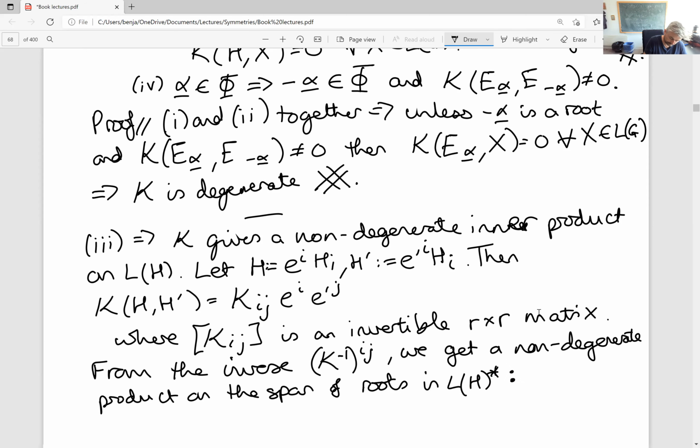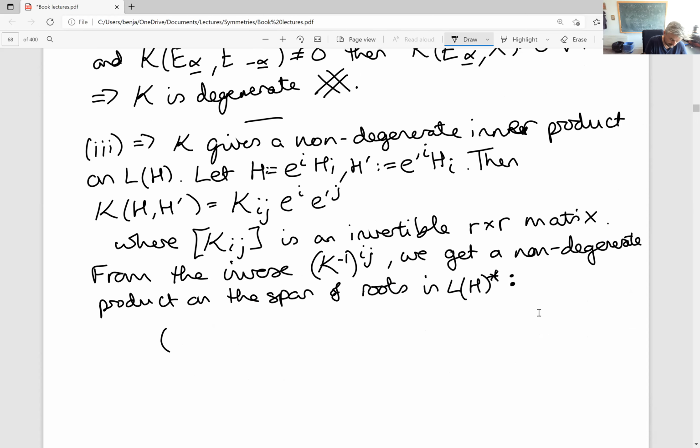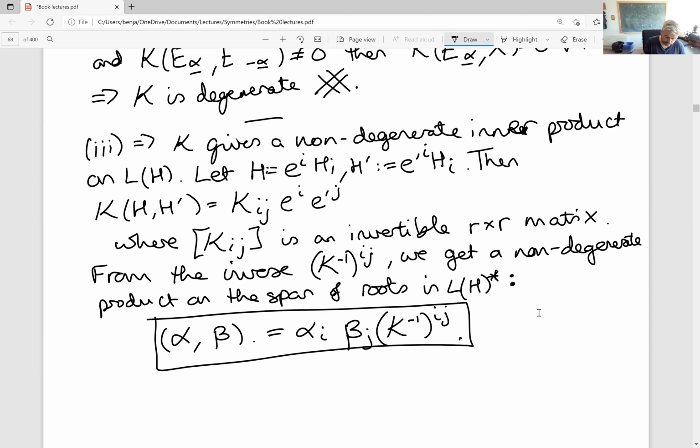In other words, alpha in a product with beta is alpha I, beta J, kappa to the -1, IJ. We'll use this quite a lot going on.